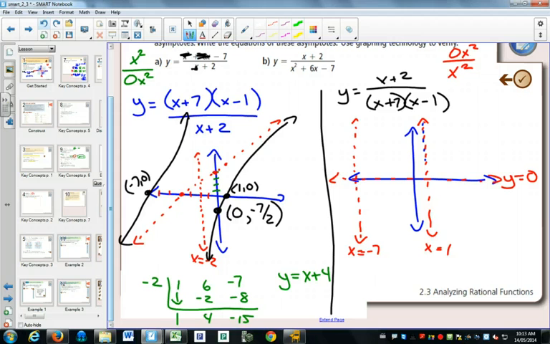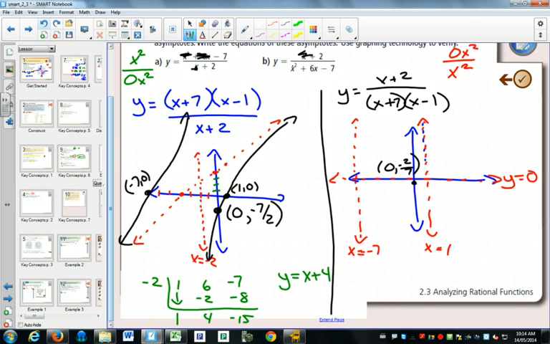And now we're going to need points in each of the 3 sections. We're going to try and find, can you find your y-intercept? Can you see that your y-intercept when you put x is 0 is going to be negative 2 over 7? 0 comma negative 2 over 7.